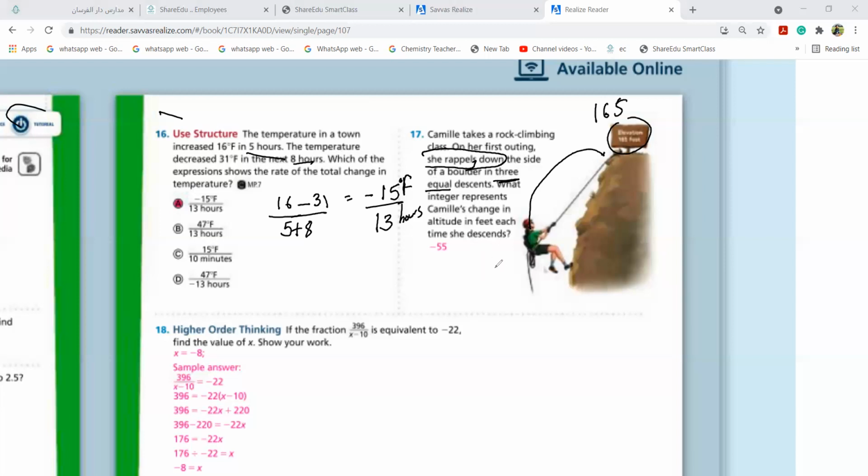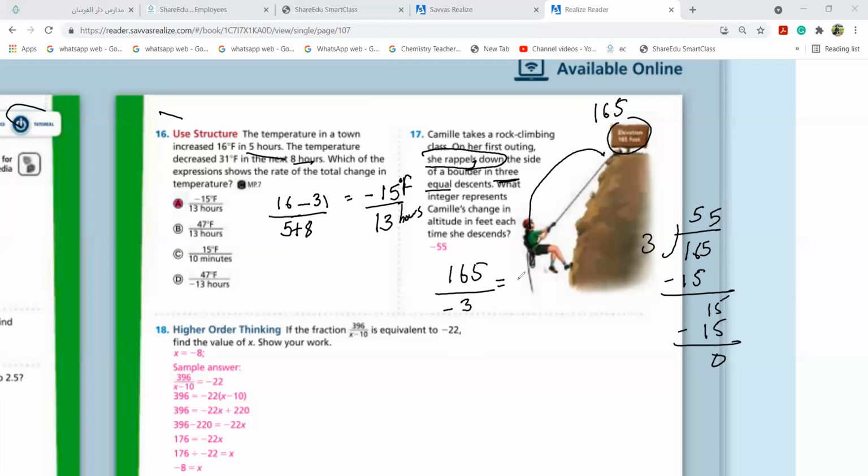3 equal means I will divide 165 by minus 3. Why did I divide by minus 3? Because it descends, it comes down. So when you divide 165 and 3, I will do that.